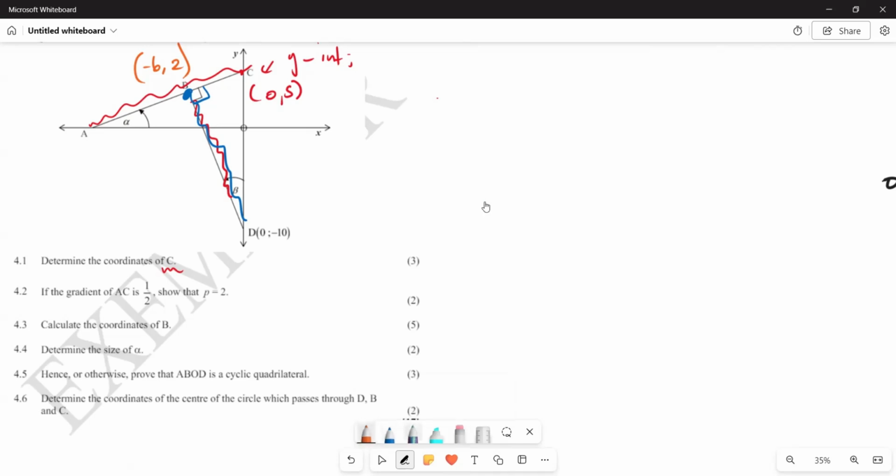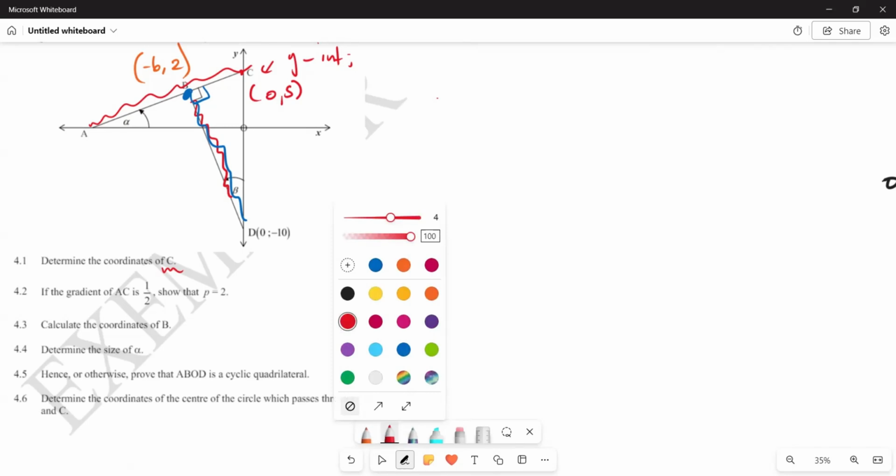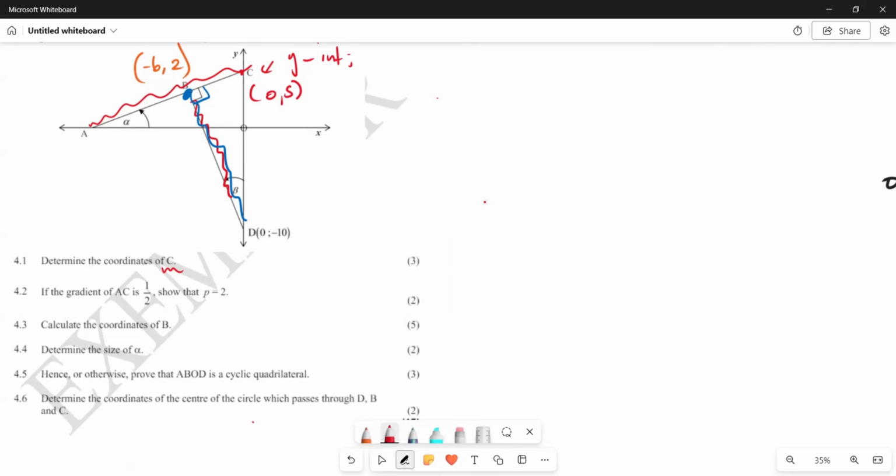Now, in this other question here, they want us to calculate the angle of alpha, right? So in order for us to calculate alpha, let me just erase most of these. Remember, your alpha is an angle from here till here. In order to calculate the angle of alpha, you need to know the gradient of AC.